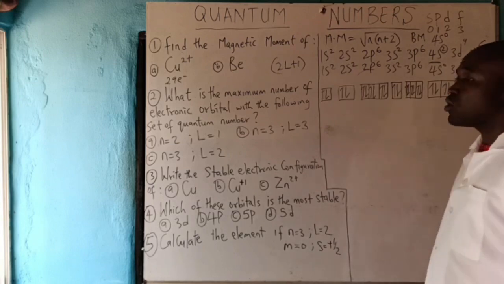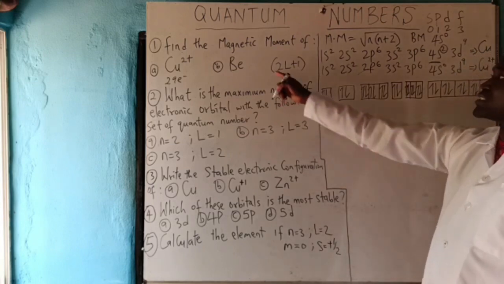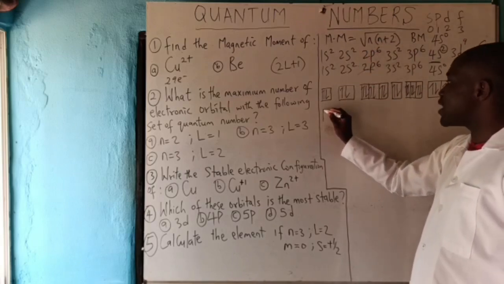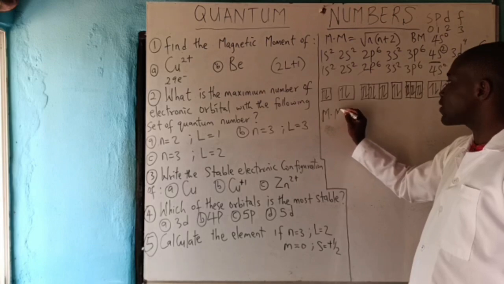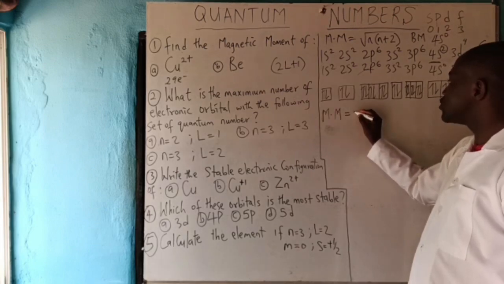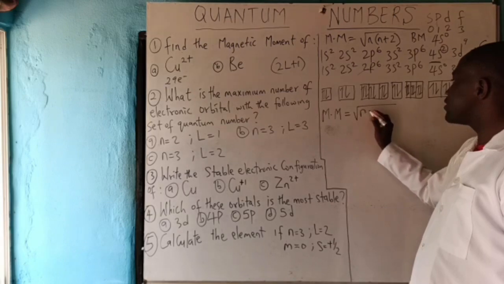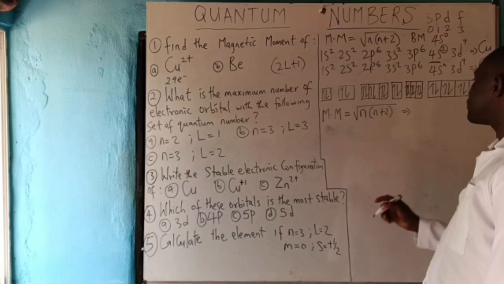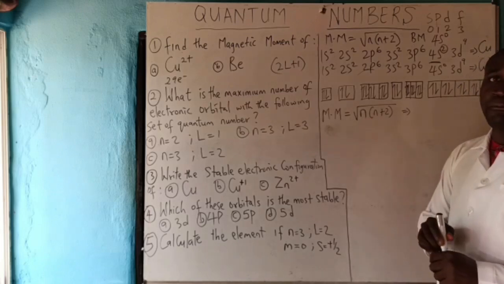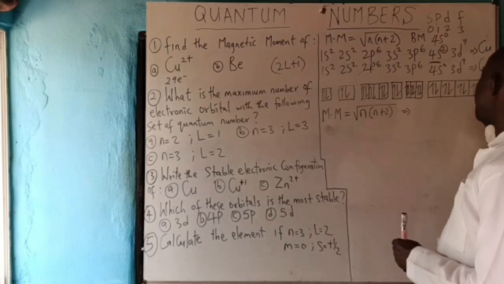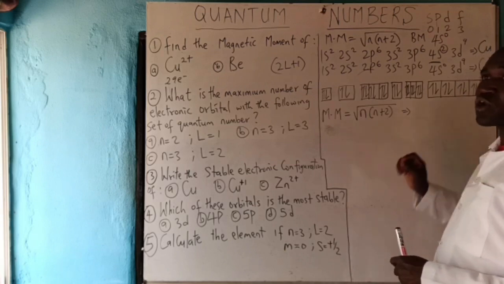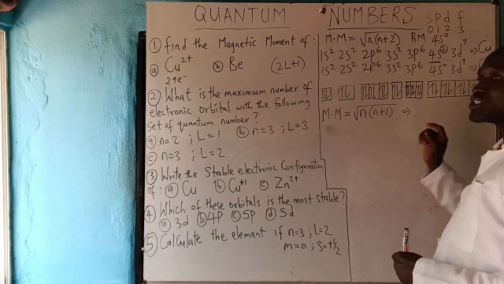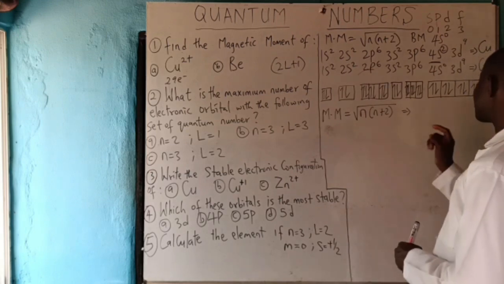And because it has only one unpaired electron, we will now use the formula: magnetic moment equals the square root of n(n+2), where n is the number of unpaired electrons, that is, how many orbitals have an unpaired electron.